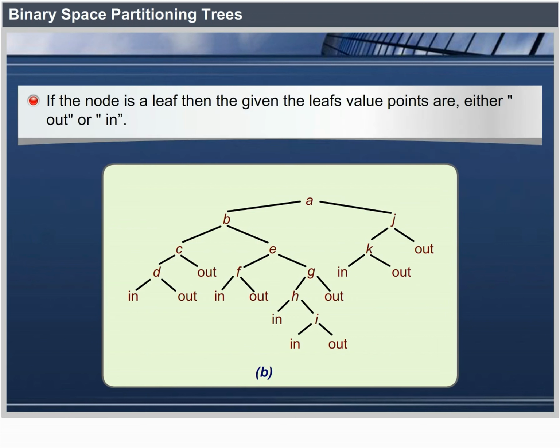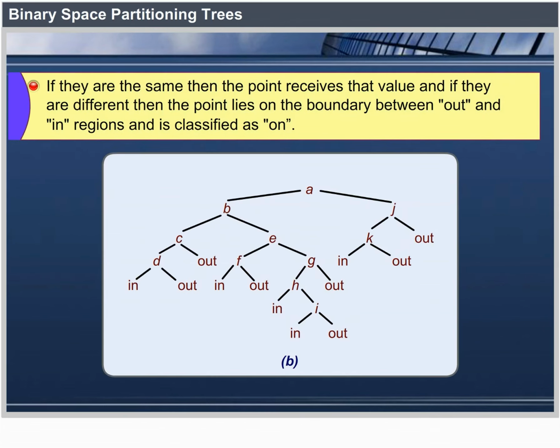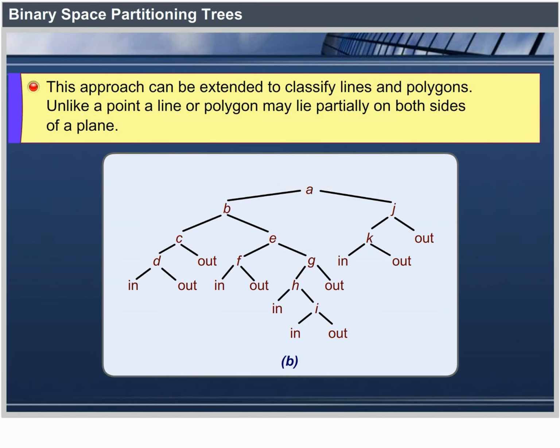If the node is a leaf, then the point is given the leaf's value, either out or in. If the point lies on a node's plane, then it is passed to both children and the classifications are compared. If they are the same, then the point receives that value. If they are different, then the point lies on the boundary between out and in regions and is classified as on. This approach can be extended to classify lines and polygons.